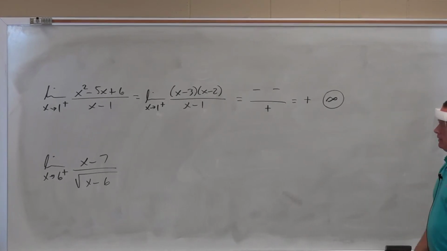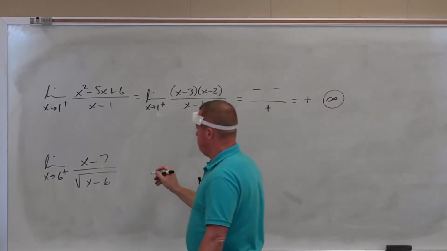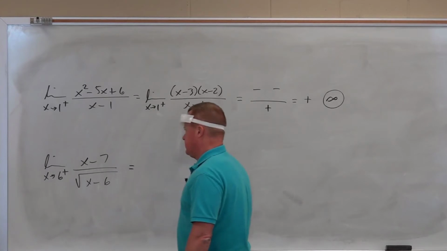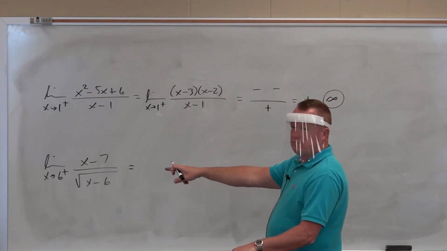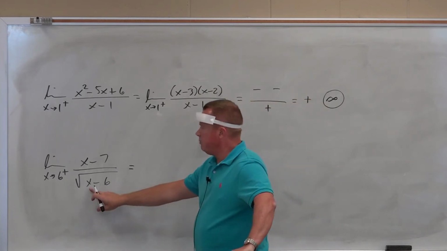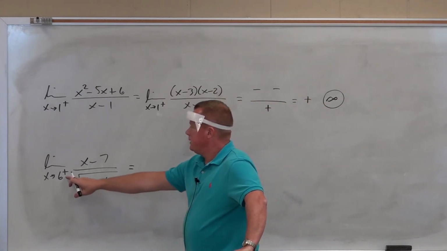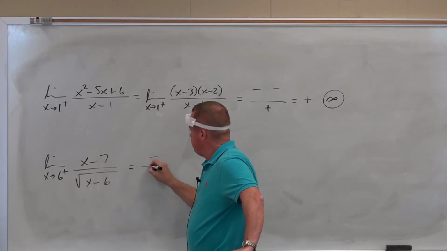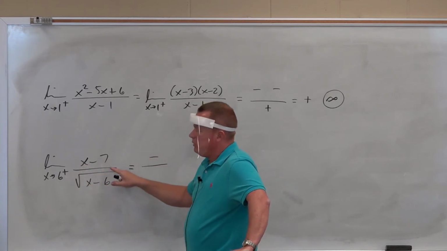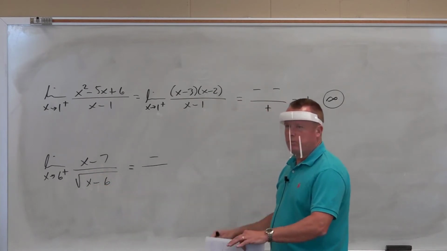Okay. All right, this one, same kind of thing. All right, so that will not reduce. Okay. 6 definitely is going to be a vertical asymptote. All right, so from the right, if I plug 6 in the top, I get a negative. What's the sign always of a square root? That's the way we define it.